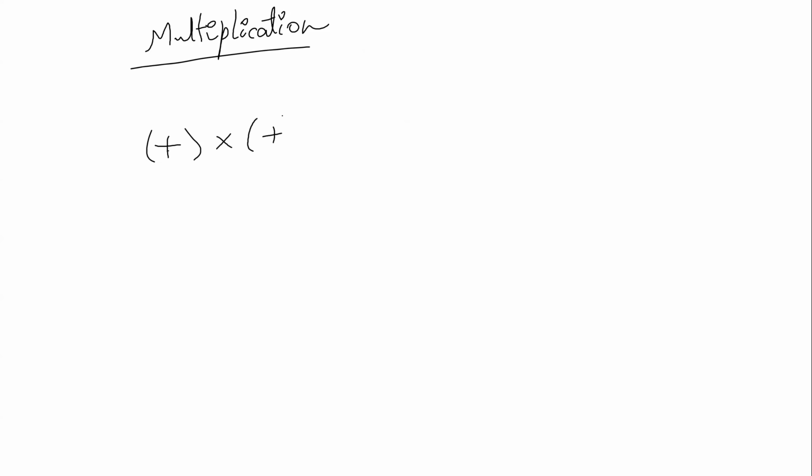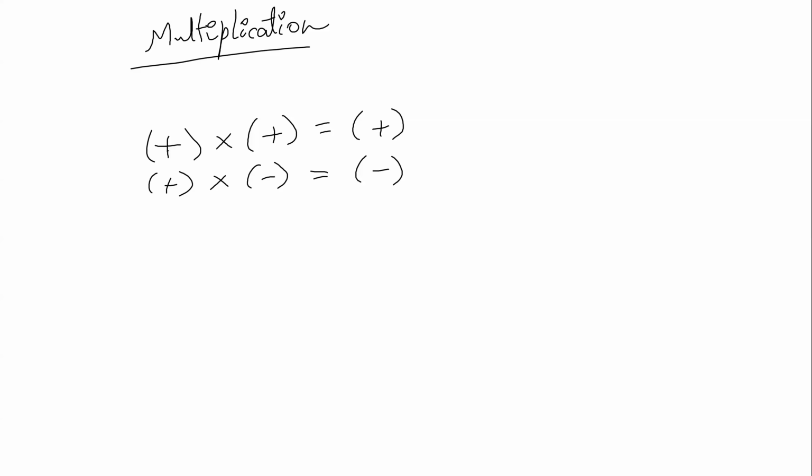is also plus, your answer will come in plus. Okay. If you have the first number plus and you multiply it with a number which is negative, which has a minus, your answer will come in minus.